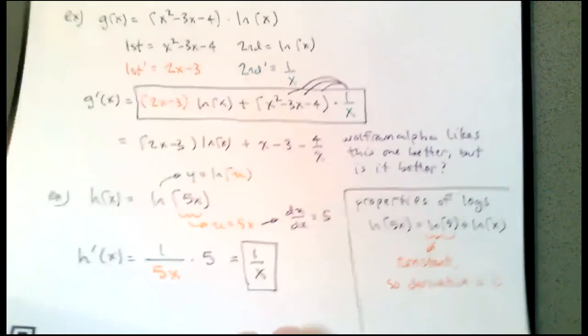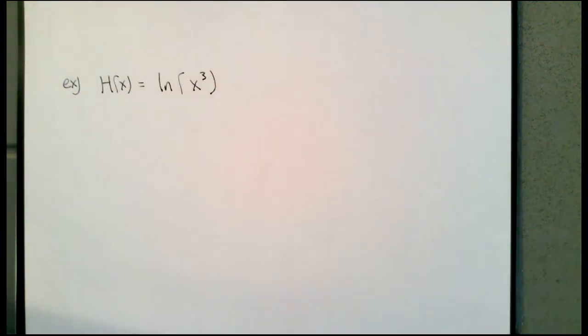Let's suppose that we look at a variation of this function. Suppose that capital H of x is the natural log of x cubed. The same thing is going on here.